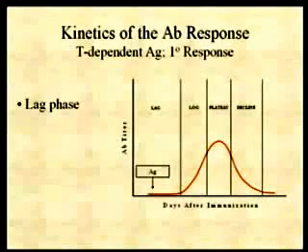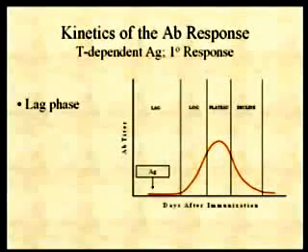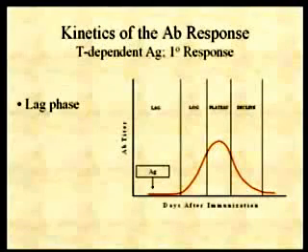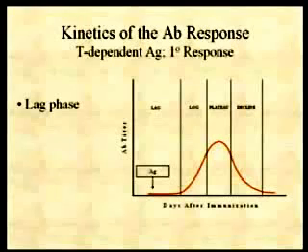But mostly, it's about a week to 10 days. So we don't see anything, as far as antibody is concerned. That is referred to as the lag phase. In fact, all that clearance that we just talked about is occurring during this part. The immune elimination phase is going to occur right about there, where we start beginning to see antibody being produced.